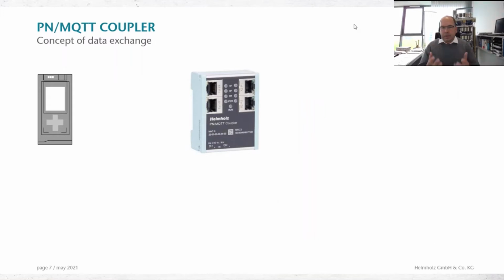Okay, let's make an example and go deeper into this data exchange system, because data exchange in a PLC is a totally different thing than cloud data. A PLC has IOs, runs a fast program and controls a machine.